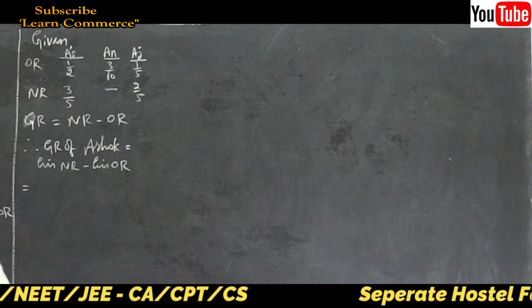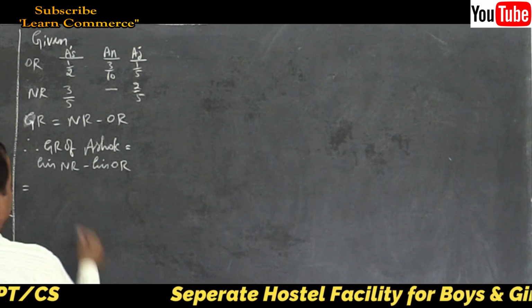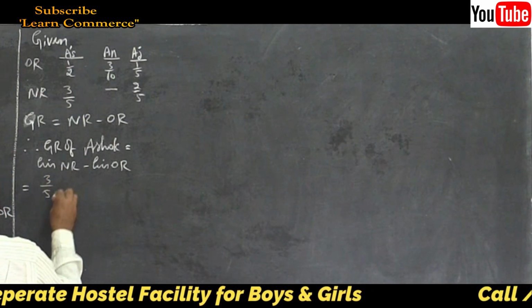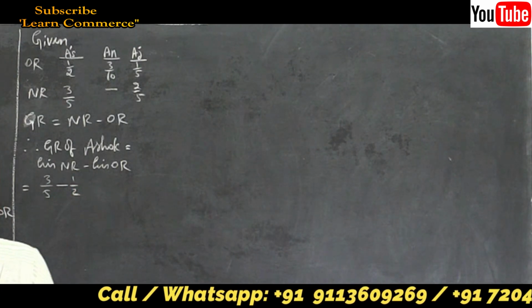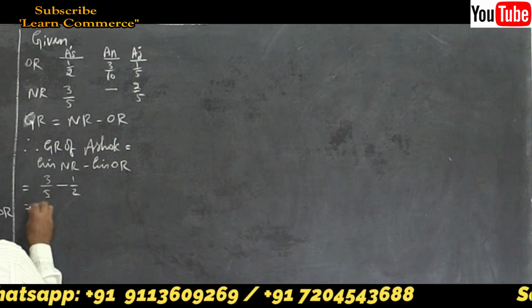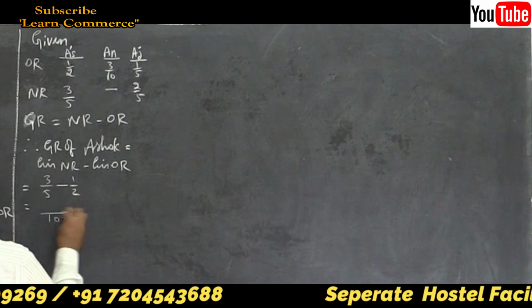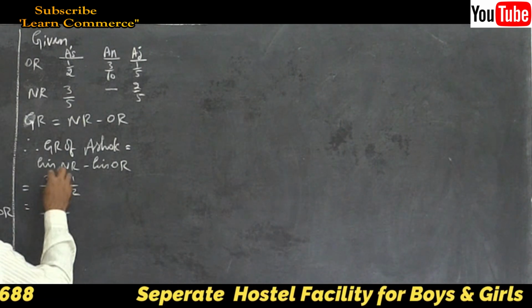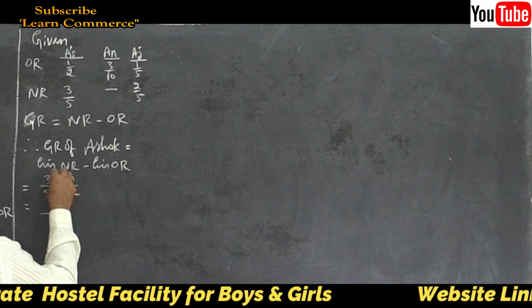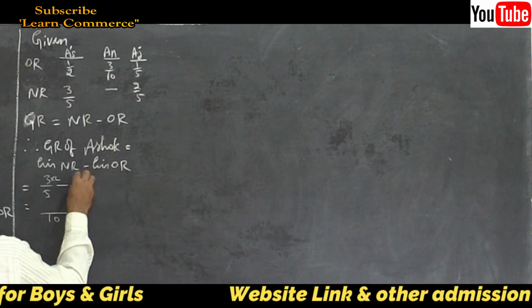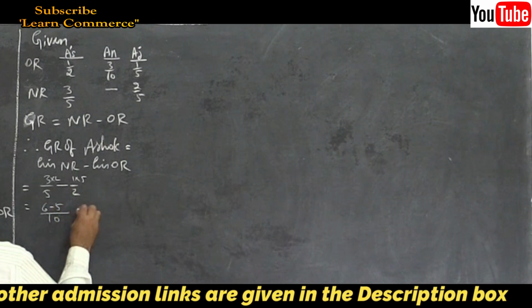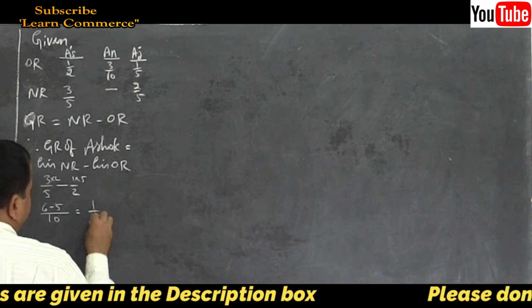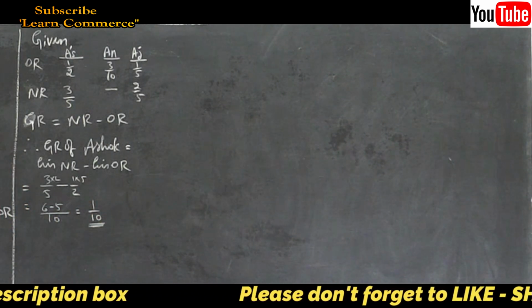New ratio is 3 by 5, old ratio how much? 1 by 2. I will take 10 as a common denominator: 5, 2s are 10, 2 5s are 10, 6 minus 5 is equal to 1 by 10.